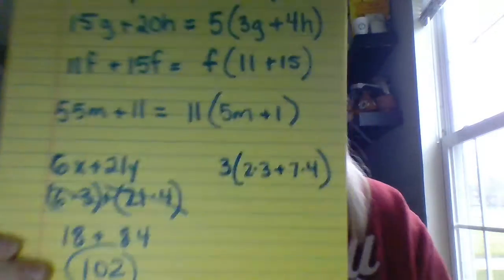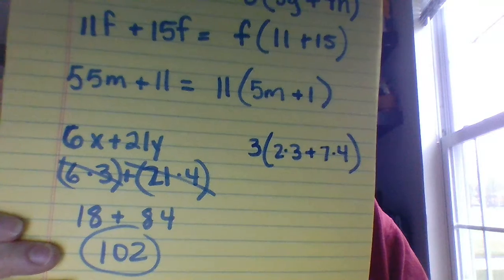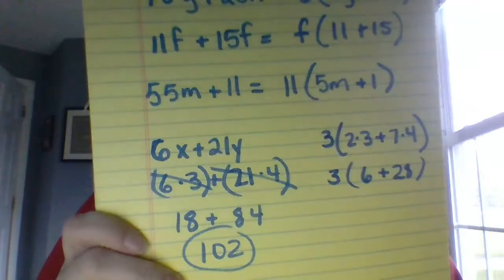And that's what that would look like when I insert those values for that variable. And then I would end up with the same answer. I would have 3 inside parentheses. I would get 6 plus 28 with 3 on the outside.